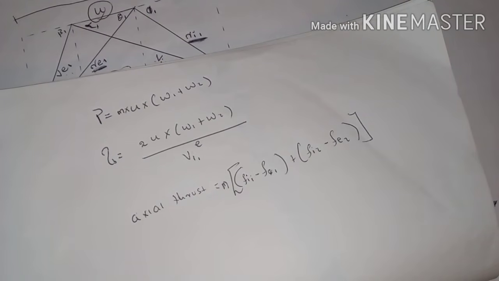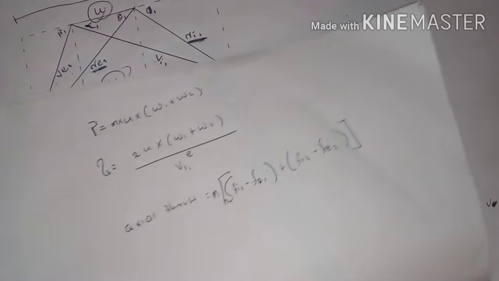And then we have the formula to calculate our axial thrust. It's given by mass times, in a bracket, another bracket, the inlet velocity of flow number 1 minus the exit velocity of flow number 1, that's stage 1. Close the bracket, plus the inlet velocity of flow number 2 minus the exit velocity of flow number 2, and then close the big bracket.